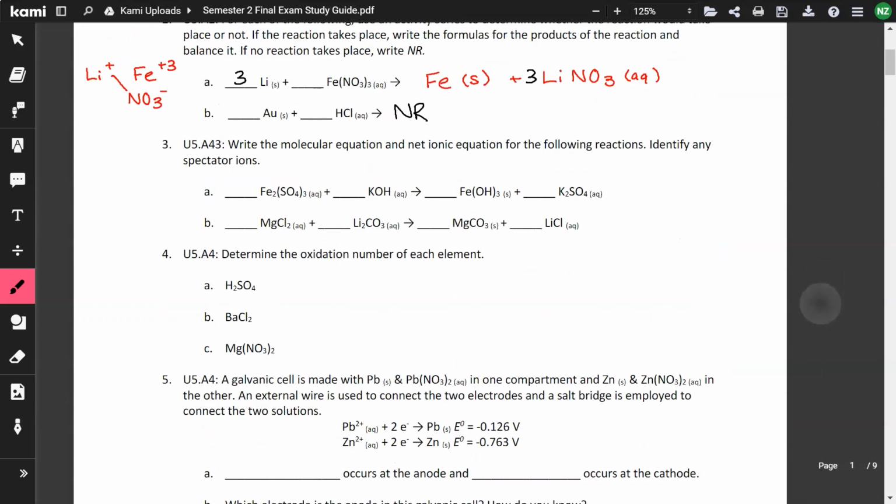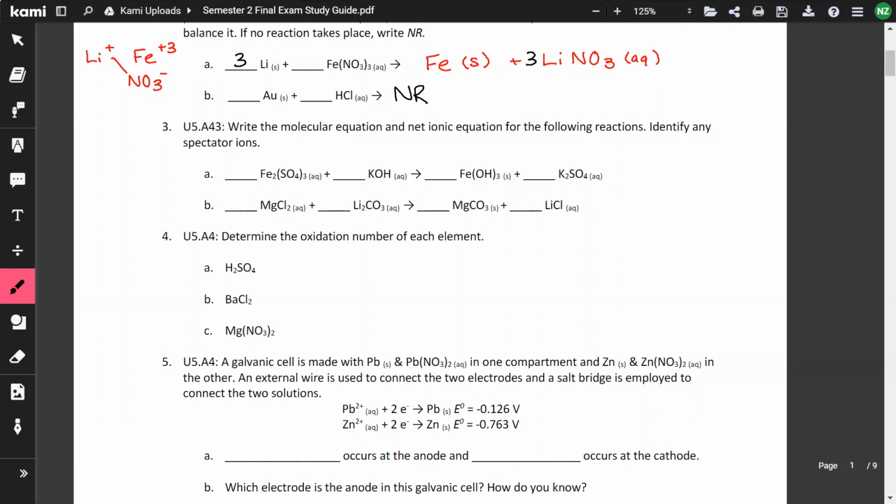Okay, number 4. Determine the oxidation number for each element. All right, so for the first one here, we have a couple rules. We have hydrogen, we have sulfur, and we have oxygen.